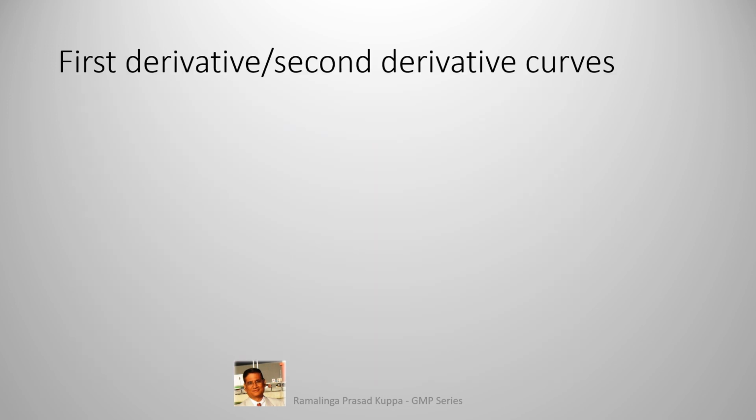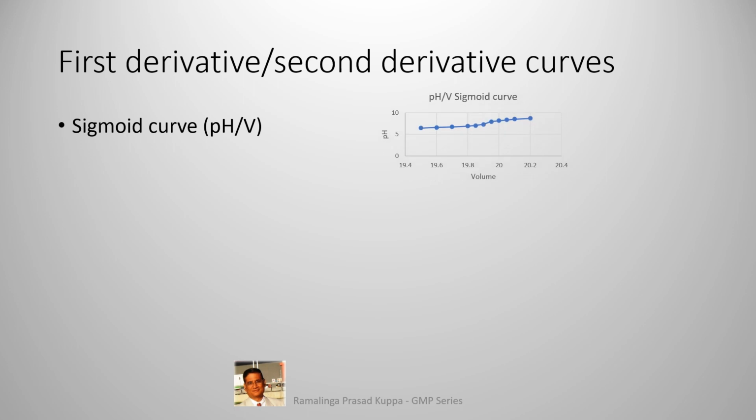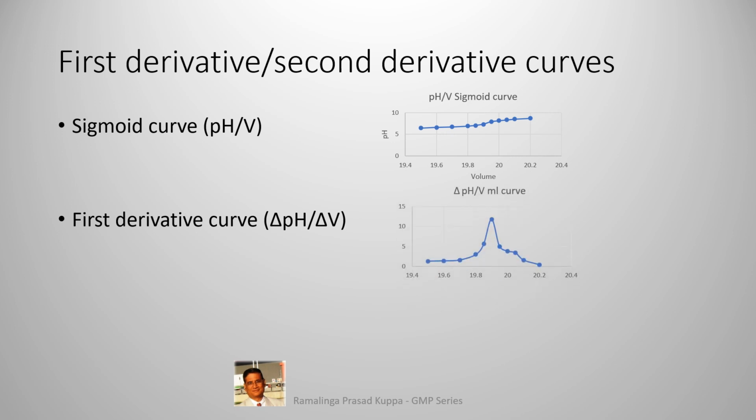Let us see how the first derivative and second derivative curves are better than the sigmoid graphs. The sigmoid curve, that is the straight curve between pH and volume, looks like this. In the sigmoid graph, the endpoint is difficult to identify. In the first derivative curve, delta pH by delta V, you get a sharp endpoint.